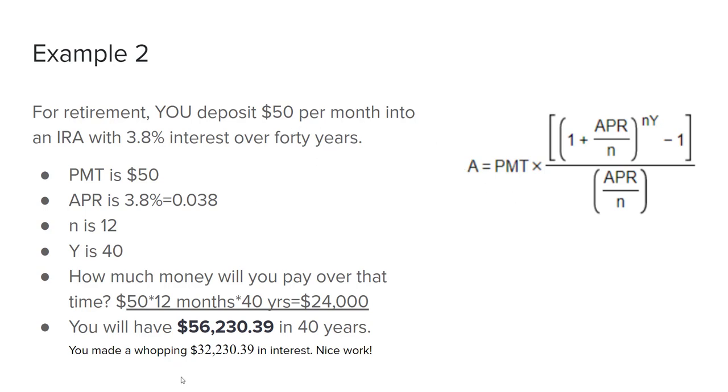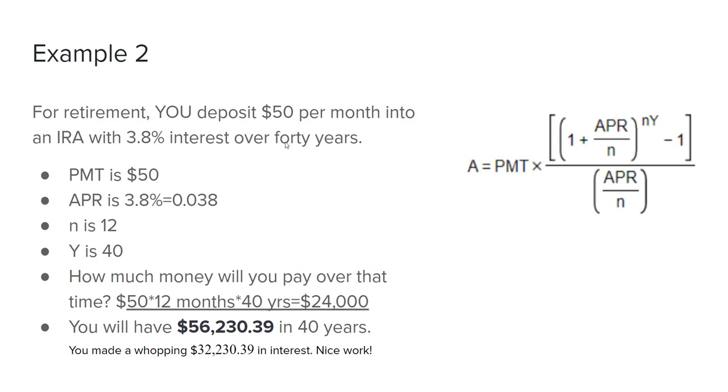So when we evaluate this using the formula, that is over 40 years. I want you to keep that in mind. Using this formula, we should have $56,230.39. That may surprise you if you haven't worked with interest before. This is compounding. This is an exponential function because you have a power here. And so these numbers are going to grow.